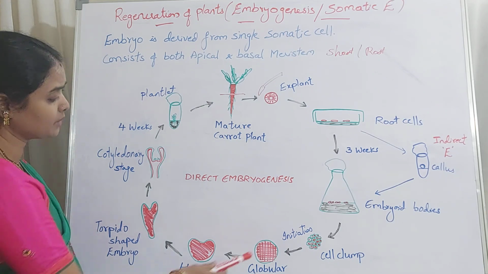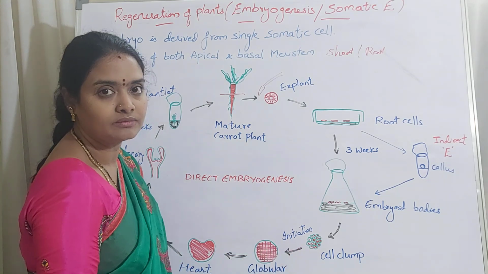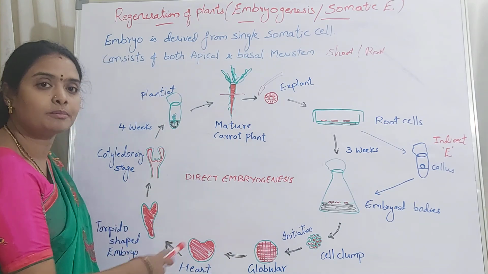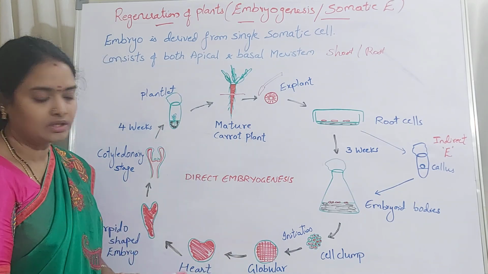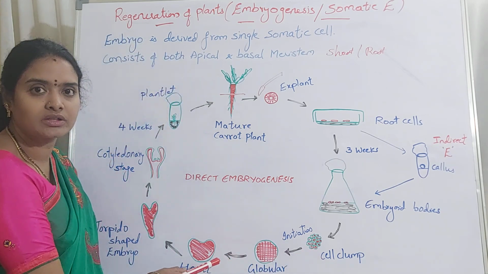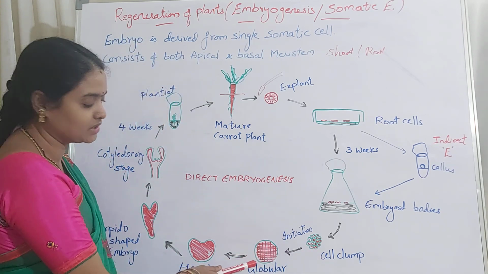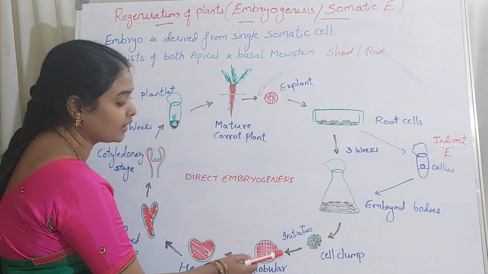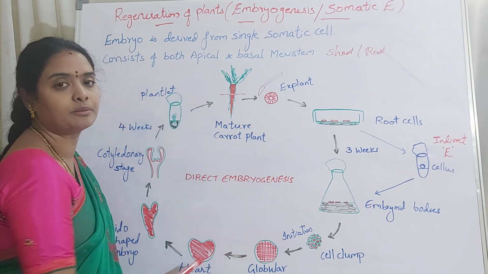Once the clump of cells is further incubated with sufficient nutrients, again everything in plant tissue culture media only, by taking up the required nutrients from the media, these clumps of cells get transformed into a globular shaped embryo.